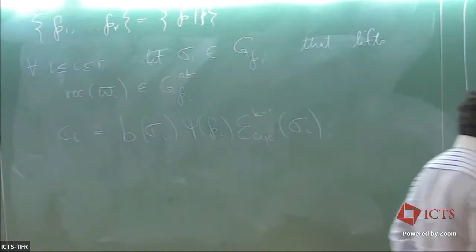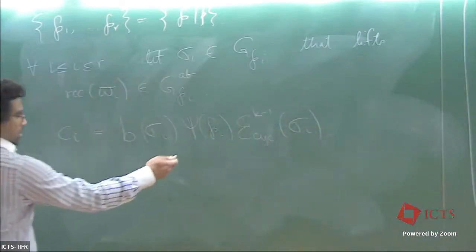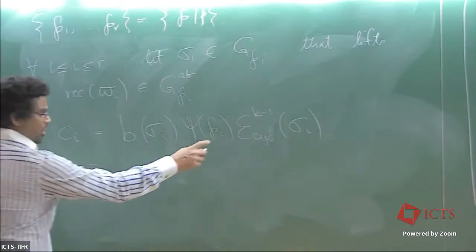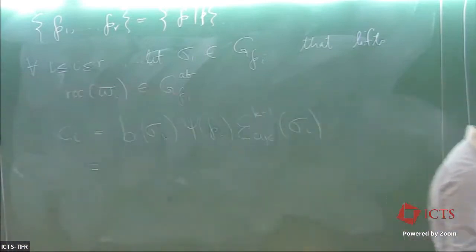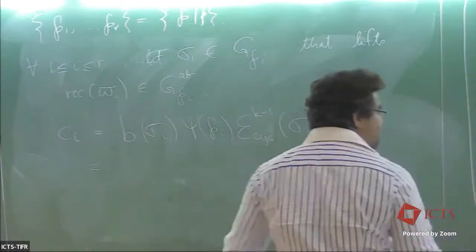I take this b and apply it to sigma_i, and then multiply by something. Remember that P_i is unramified. All primes above P are unramified.